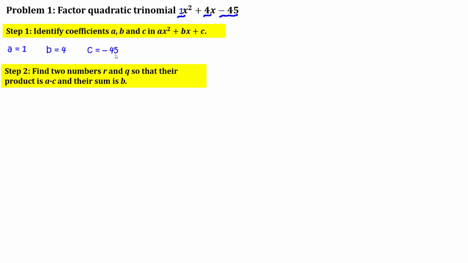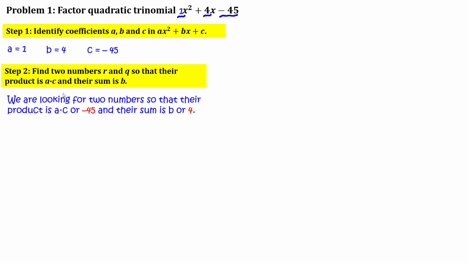Okay, step 2. You want to find two numbers, R and Q, that have this special property. When you multiply them, R times Q, you get whatever A times C is. And when you add them, you get whatever B is. Okay, so we're looking for two numbers so that their product, or when you multiply them, well, what is A times C?